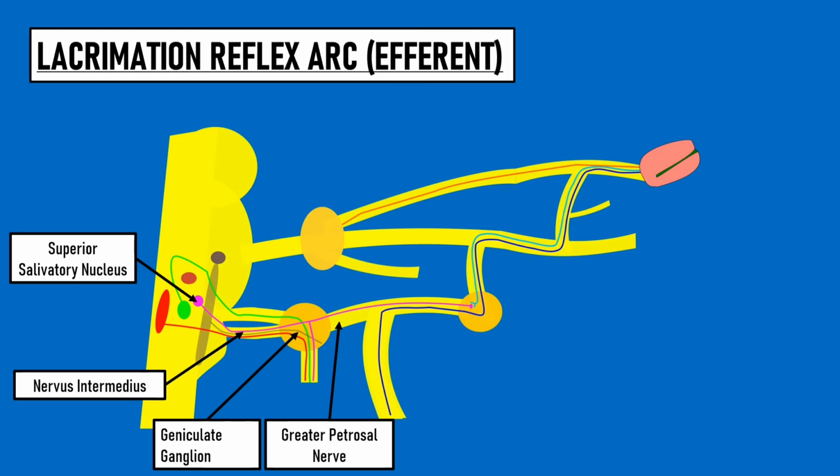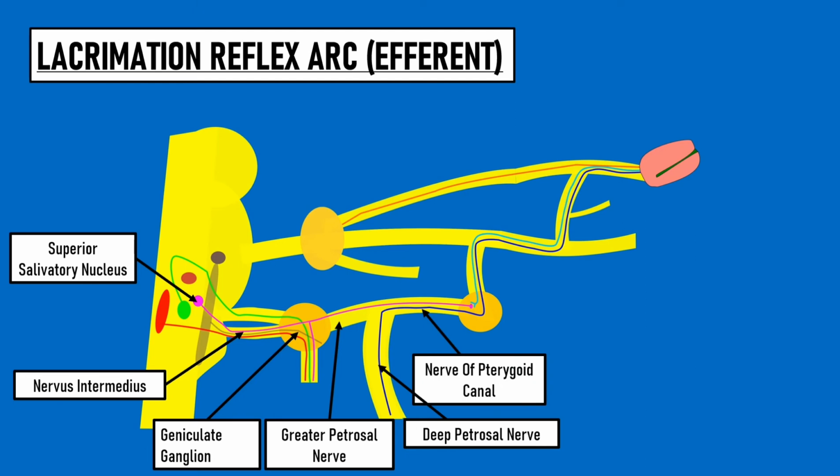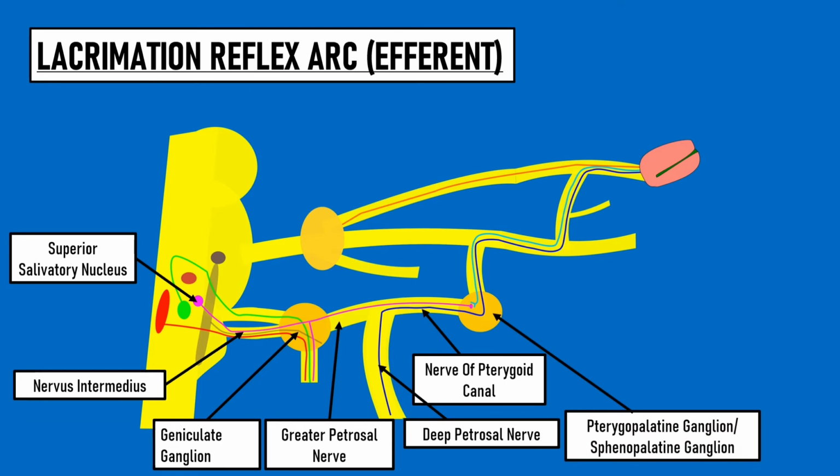The greater petrosal nerve meets the deep petrosal nerve to form the nerve to the pterygoid canal. From the nerve to the pterygoid canal, the fibers reach the pterygopalatine ganglion. They synapse at the pterygopalatine ganglion. Postganglionic parasympathetic fibers emerge from the pterygopalatine ganglion, and they are carried by the zygomatic branch of the maxillary nerve.